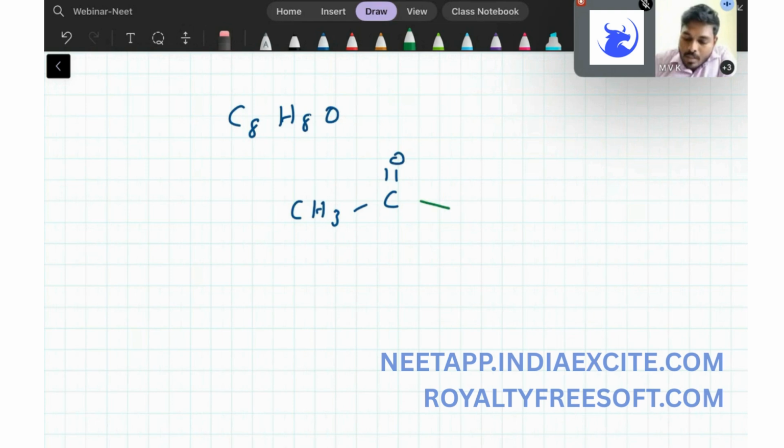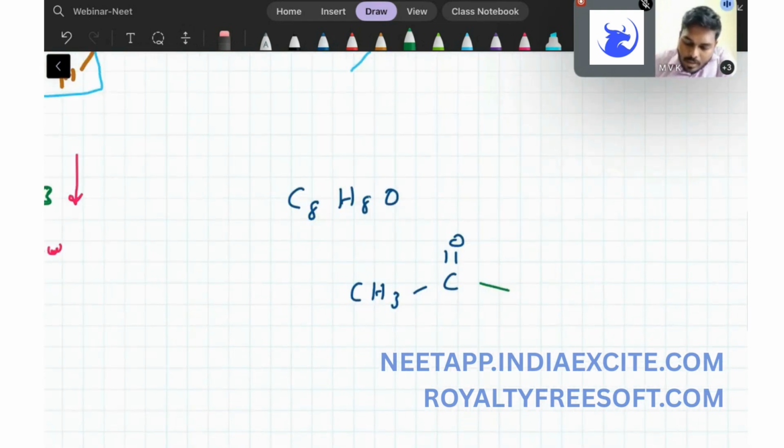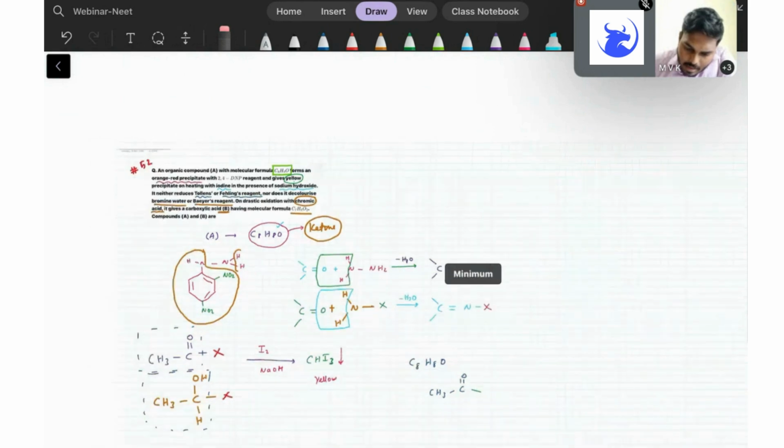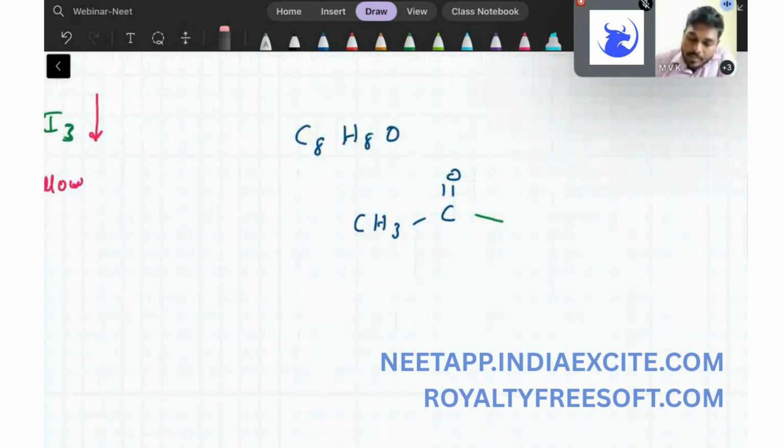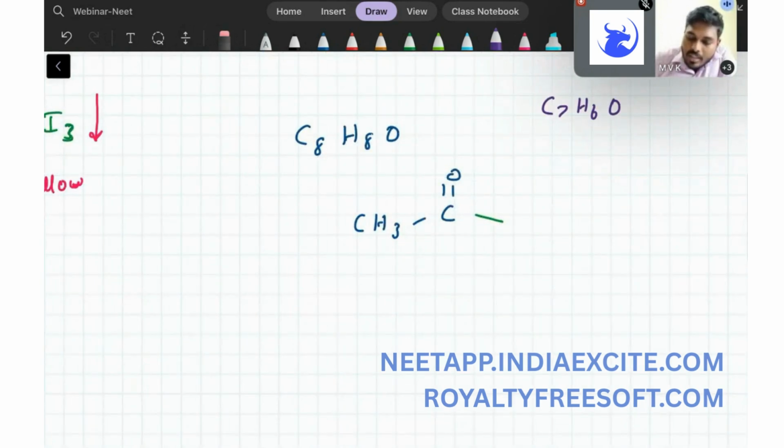Now I'm subtracting. What is the compound B I'm getting? I'm getting C7H6O2, which should be a carboxylic acid, yes or no? So now you look at here.